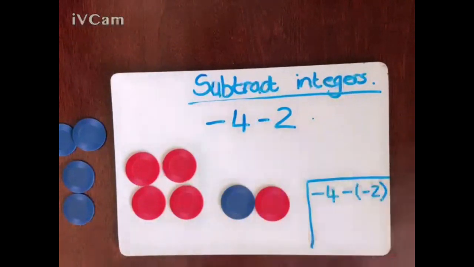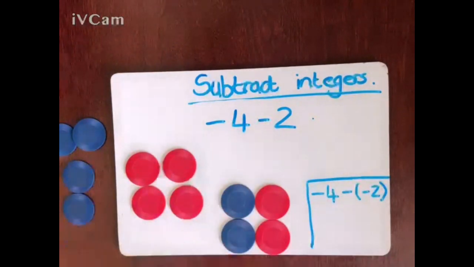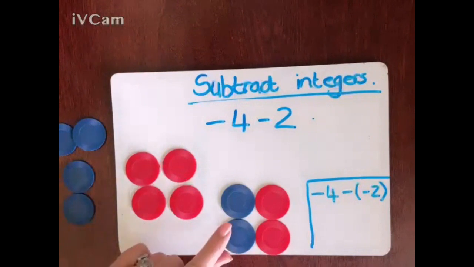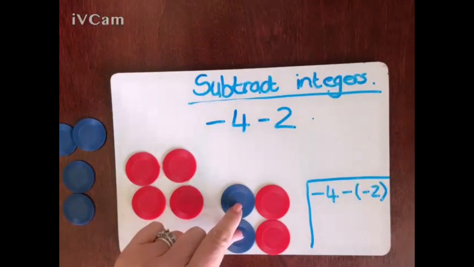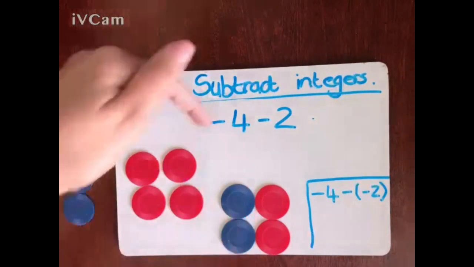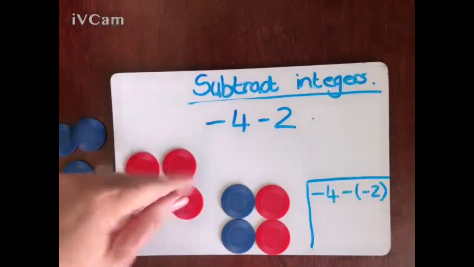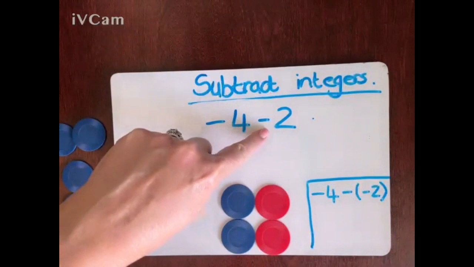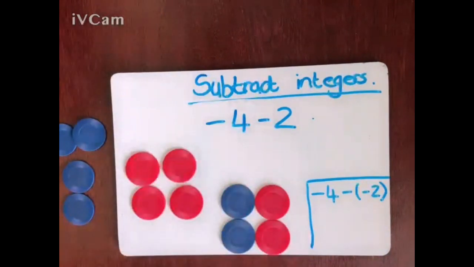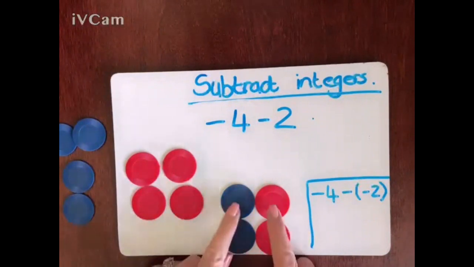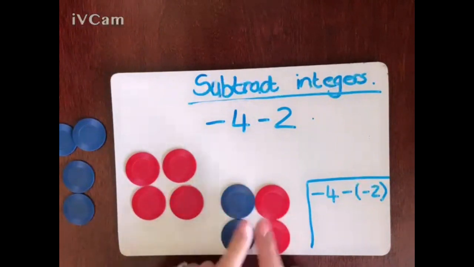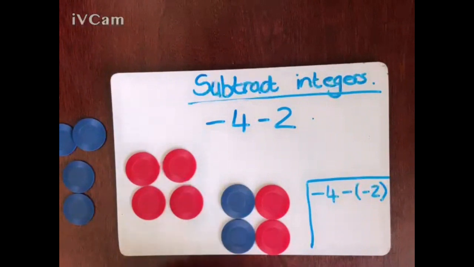So let's add 2 0 pairs, because now we are able to take away the 2 blue ones. So we started off with 4 negative discs, and we need to take away 2 positive discs, but we didn't have it at the beginning. But that's no problem. We may add 0 pairs, because this value still stays 0.